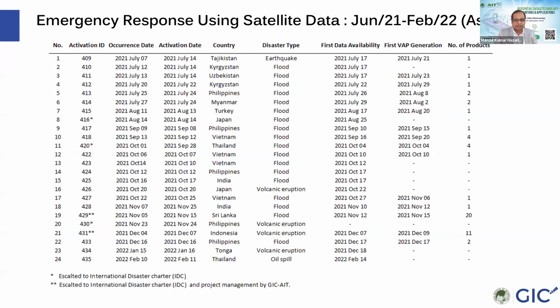Last year, one big one was Sri Lanka. You can see flood, and volcanic eruptions in the Philippines and Indonesia. These are the three major ones we attended. Also, there is a Japan one, as well as a flood in Thailand.